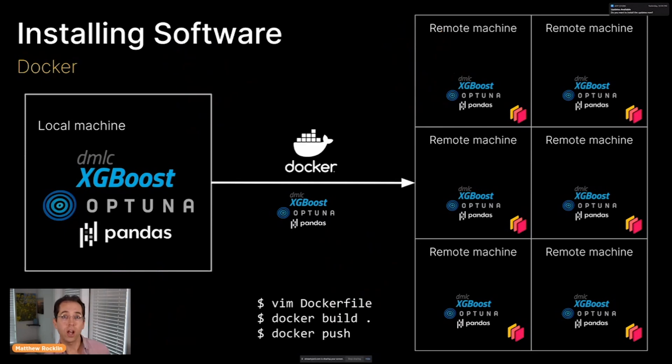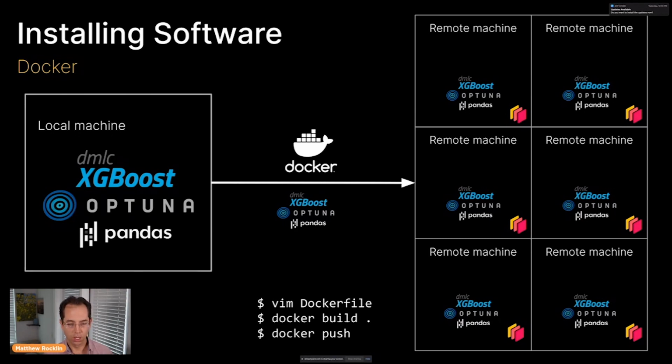For the rest of us, there's Docker, and Docker tends to be the de facto standard that we see to ship software around. Docker is great. It's a great technology. It does introduce this piece in your development cycle where you're editing a Dockerfile, you're building a Docker image, you're pushing it out to a container repository. And you do that every single time you make a change, right?